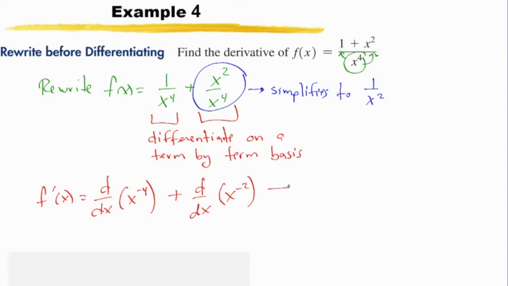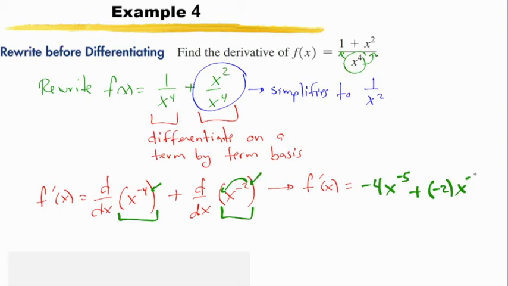Now we see that our f prime of x, if we take the derivative of the first term, I should say, gives us negative 4 times x, and if you subtract 1 from negative 4, you get negative 5, plus, and now the next term, when we multiply the coefficient by the exponent, we get negative 2 times x, and when you subtract 1 from negative 2, you get negative 3.